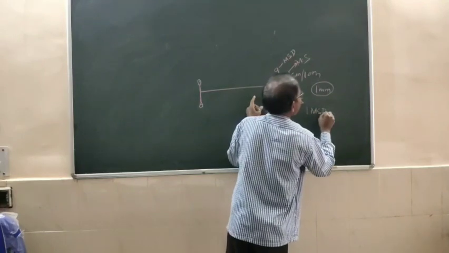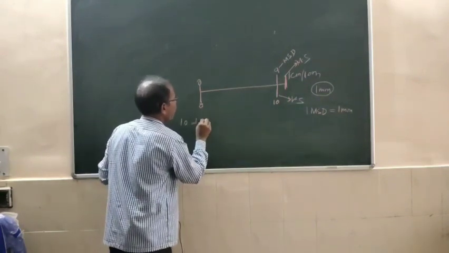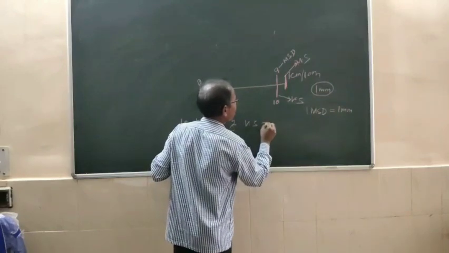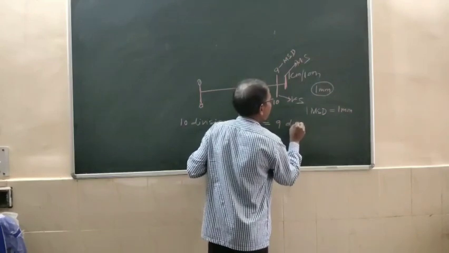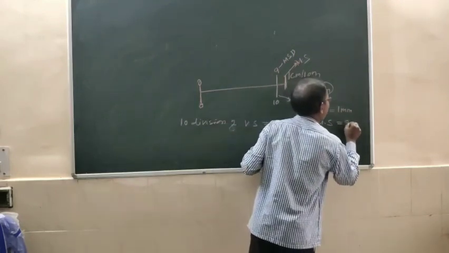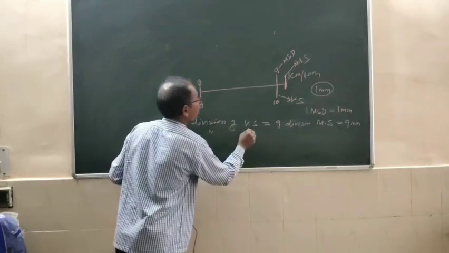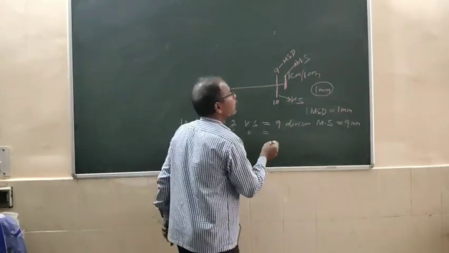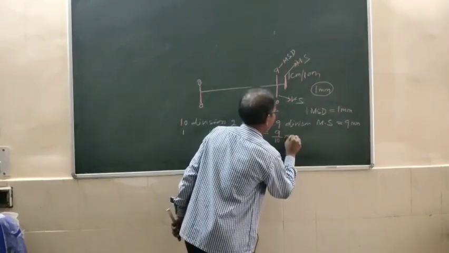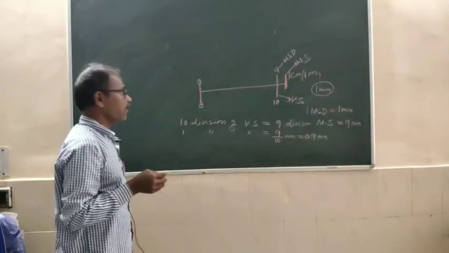Now, 10 divisions of the vernier scale are equal to 9 divisions of the main scale, which is 9 mm. So 1 division of the vernier scale is equal to 9 by 10 mm, which is 0.9 mm.